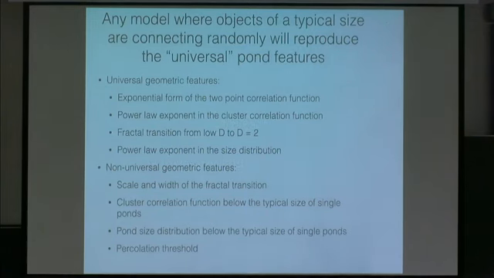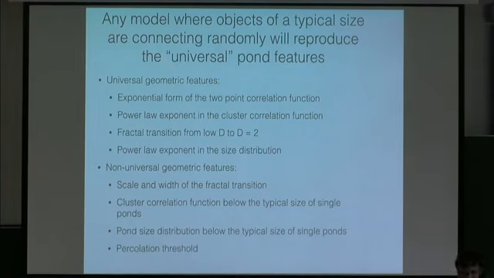Well, the main reason for this is that any model that represents ponds as objects that have a typical size and that connect randomly will reproduce these universal geometric features. So two criteria, 2 ingredients that any model, if any model has, it will give this.